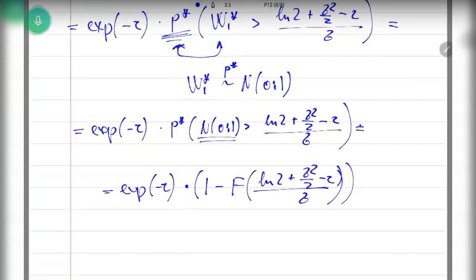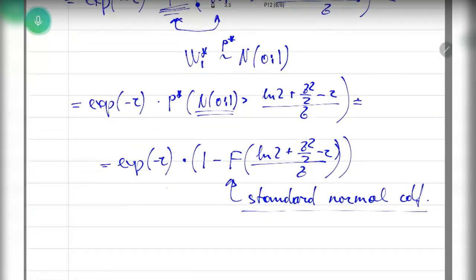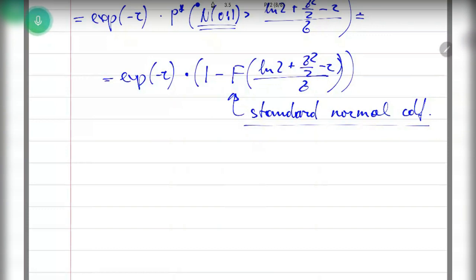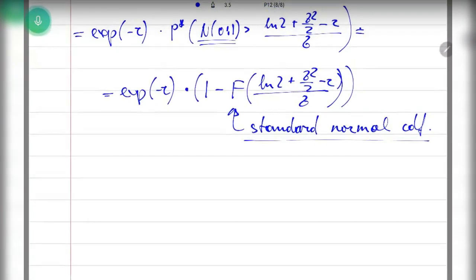And this F is the standard normal CDF. Yeah, it is tabulated. You can use tables, or you can use a computer to calculate this value. And hence we have solved our first problem.